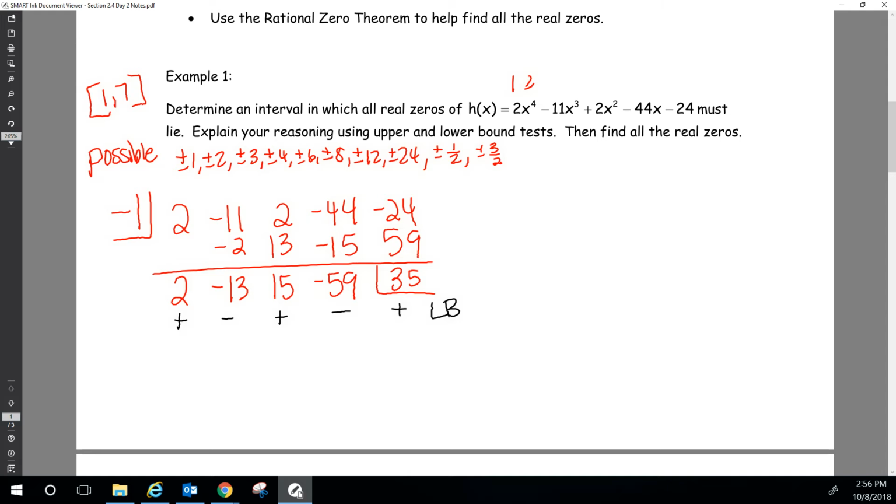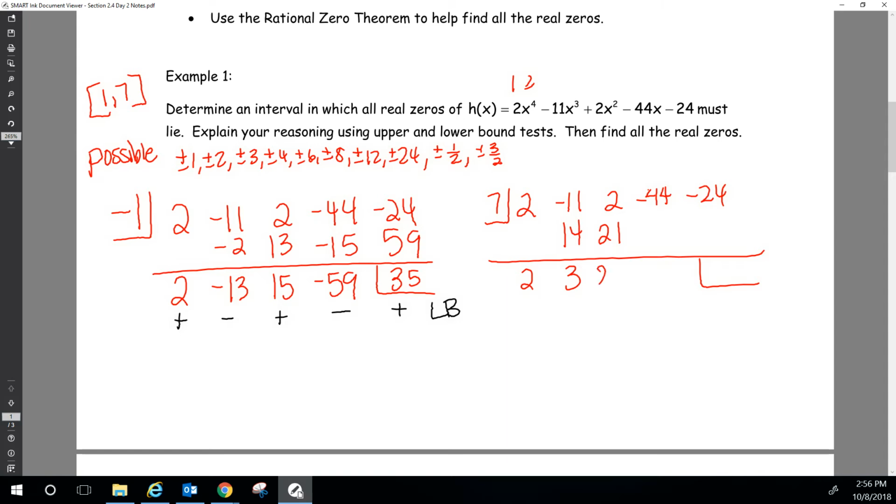All right, checking our upper bound, which we said was 7. Again, we're going to use the same coefficients. But this time, if it's going to be an upper bound, down here on the bottom, they all need to be positive. So bring down another 2. 2 times 7 is 14, minus 11 is 3, times 7 is 21, plus 2 is 23, times 7.